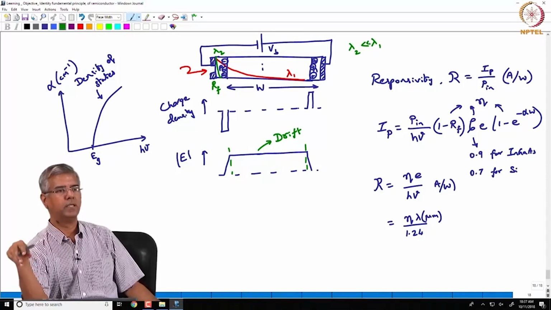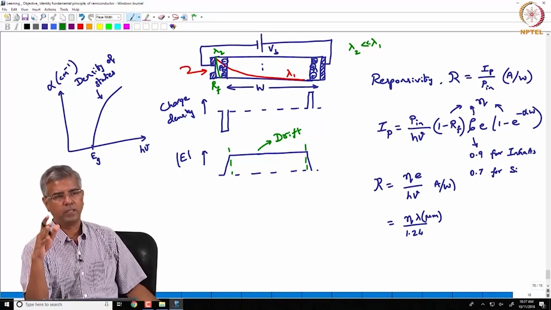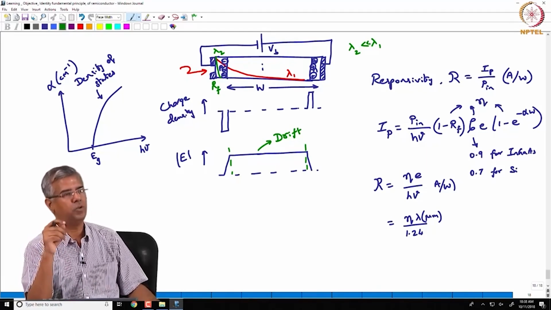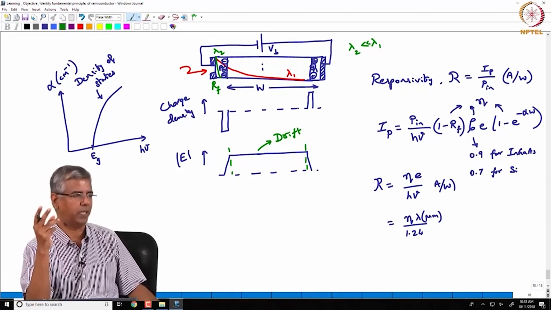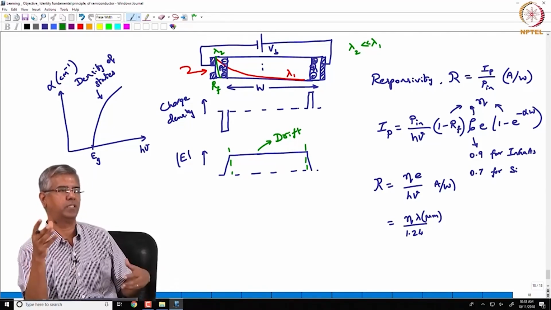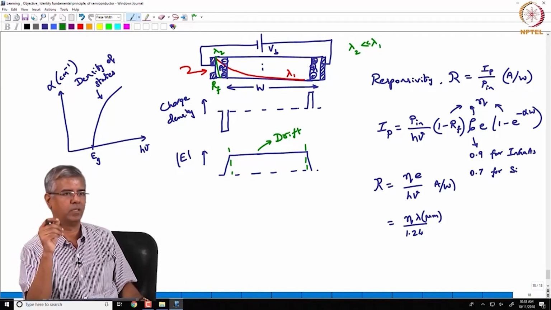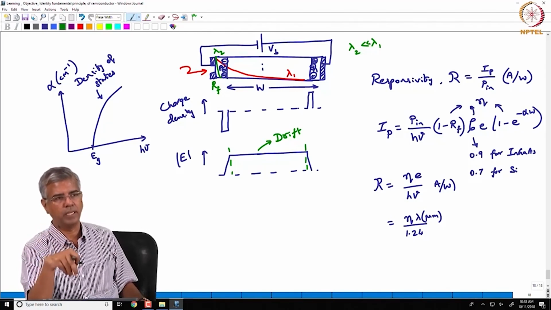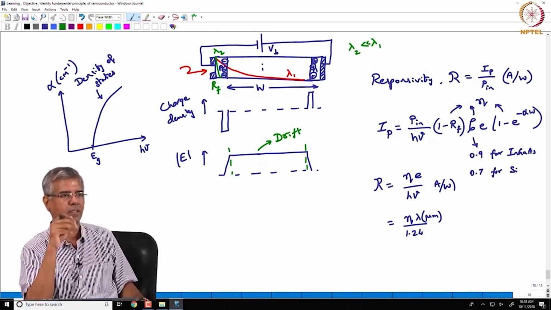Do you understand this? So, if you are going to a much shorter wavelength, which corresponds to much higher frequency and higher energy, then you have a very high value of alpha, because your density of states is very high in those corresponding regions, right. And so, it will get absorbed within a very thin layer near the facet itself, okay.